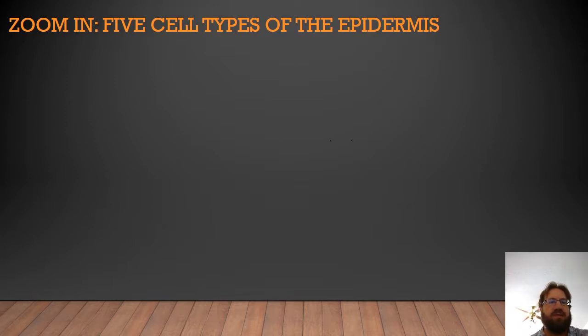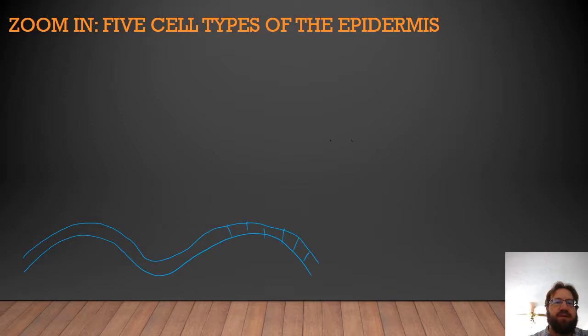Okay, so in this last slide, I want to look at the cell types that are found in the epidermis. So recall once again that we have at the bottom this stratum basale here. Okay, I mentioned that most of the cells in the stratum basale are essentially stem cells of the skin.